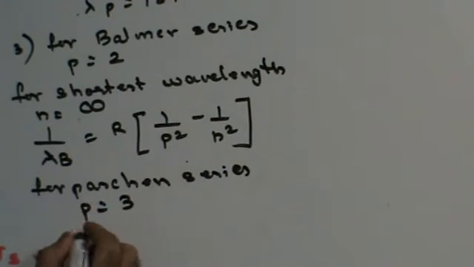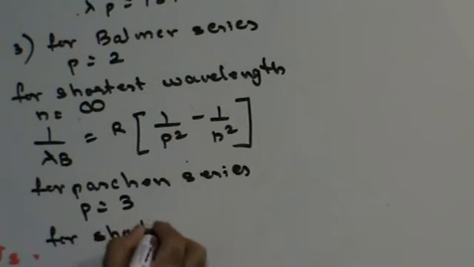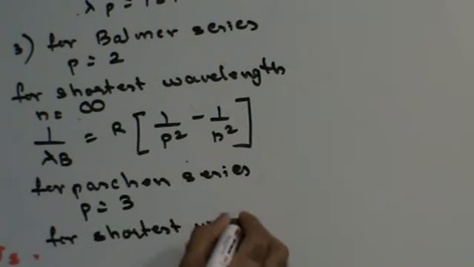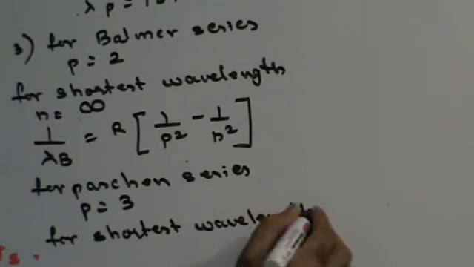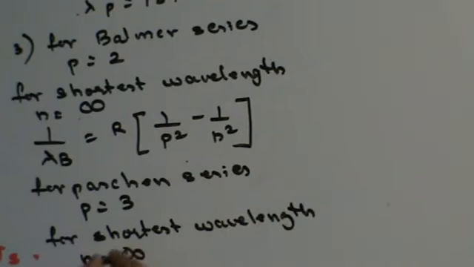Once I have the value of p, for shortest wavelength, n is equal to infinity. So I can say 1 upon lambda is R times 1 upon p square minus 1 upon n square. This is not Lyman, this is Paschen series.